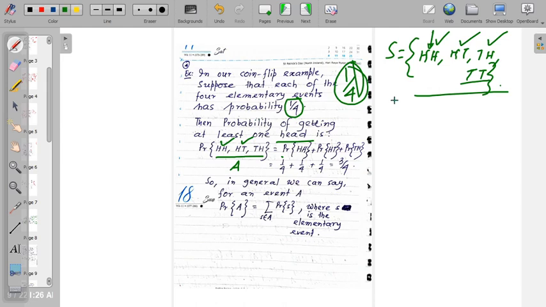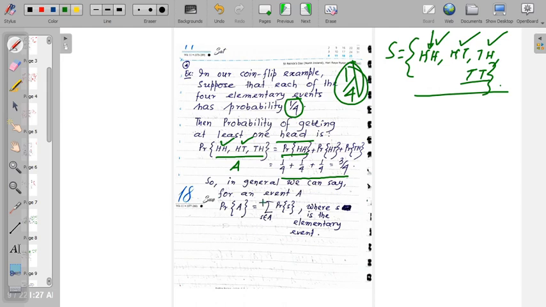It is the probability of e1 plus probability of e2 plus probability of e3. And then it comes up as 3/4.